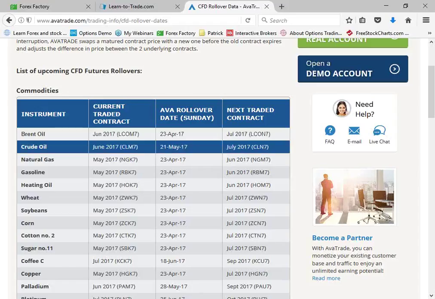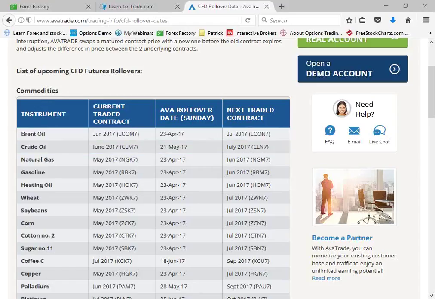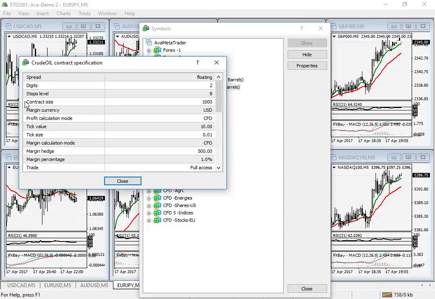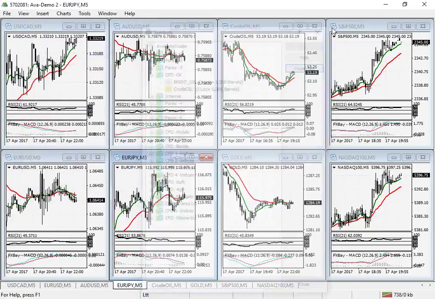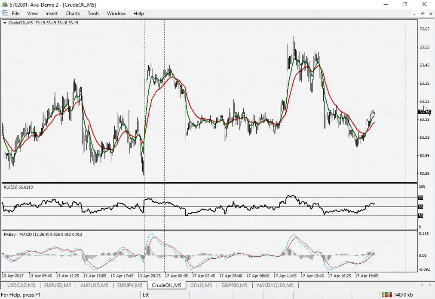So if you go back to the properties values, it tells you 1.0 means one contract is $1,000 for 1 point. So if you pull up oil, you'll see oil right here. Oil right now is at $53.19. If it goes up by a full dollar on a standard contract to $54.19, that's $1,000.